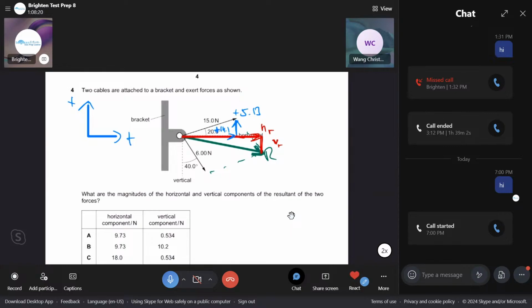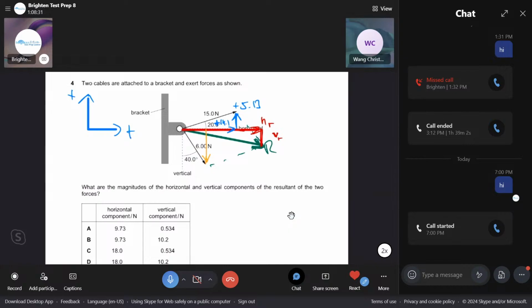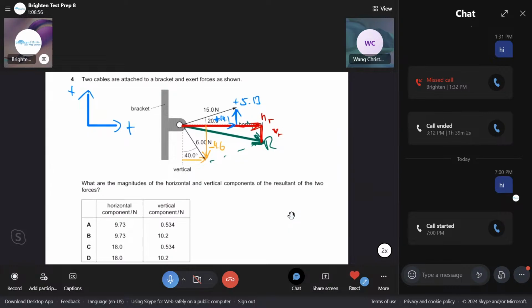And then for vertical of 6 is 6 times cosine 40. Yep. And then 4.6. Okay. So it'll be minus. Yeah. And then horizontal is 6 times sine 40. Okay. Yep. 3.86. Okay.